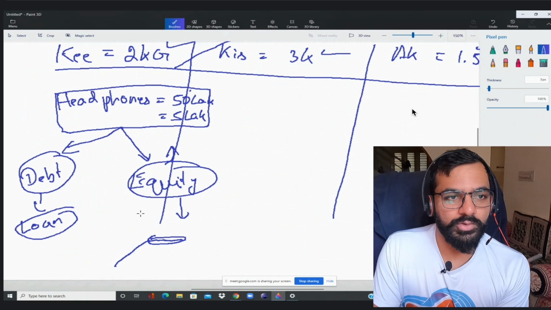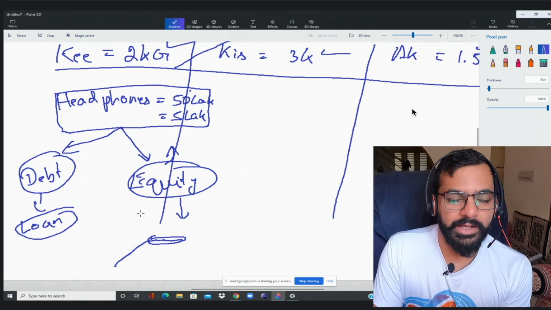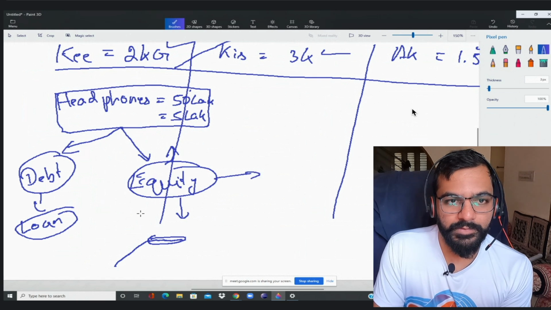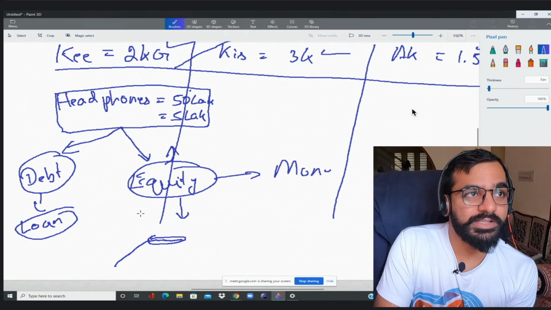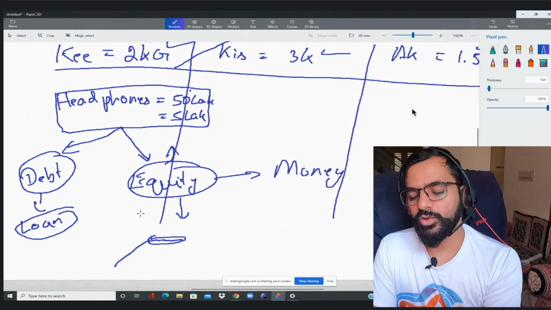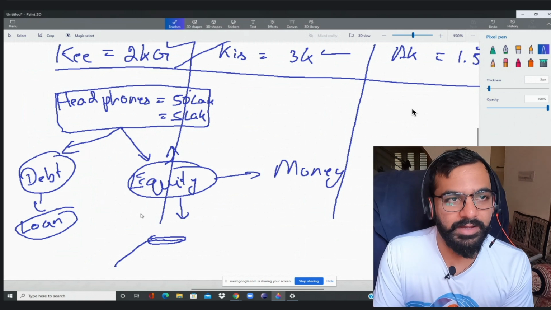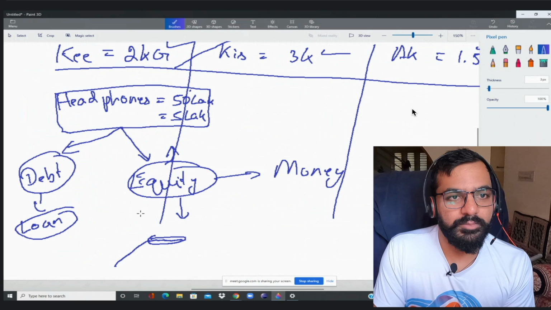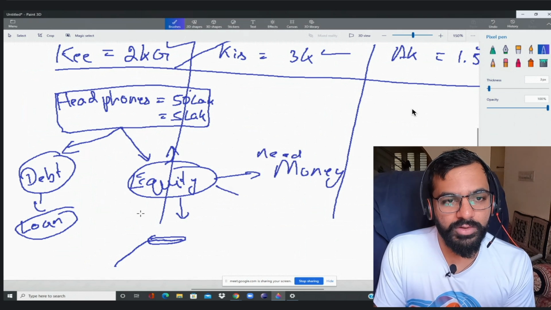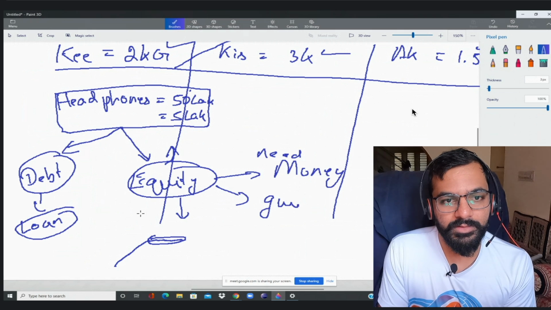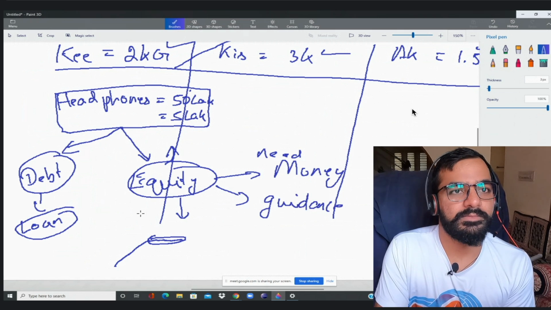And there are two things I'll go for. One, I need money. I'll go to you guys, who have a big company, and pitch that I have this technology. I need money and guidance because you have already made a way and found how to make success out of something. Correct.